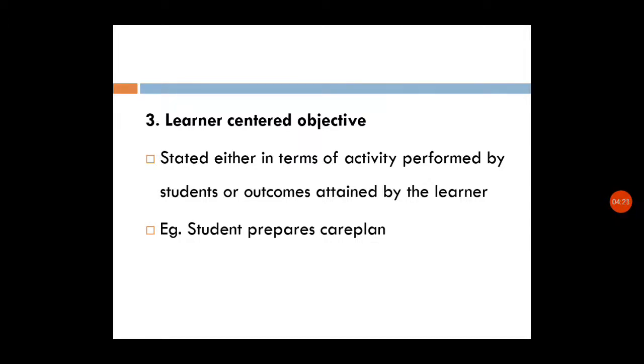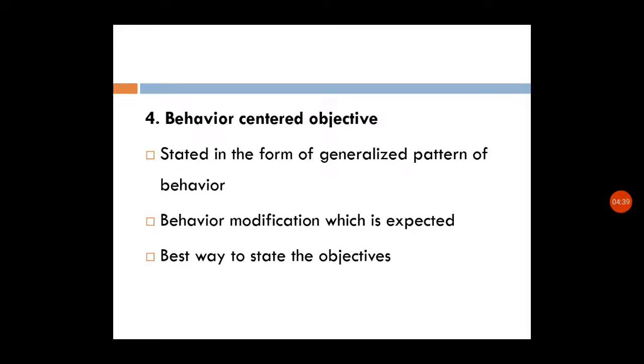So we have discussed three types of writing objective. That is, first one is teacher centered, second is subject matter centered, and third learner centered, and the fourth one is the most important and how we should practice, that is behavior centered objective.